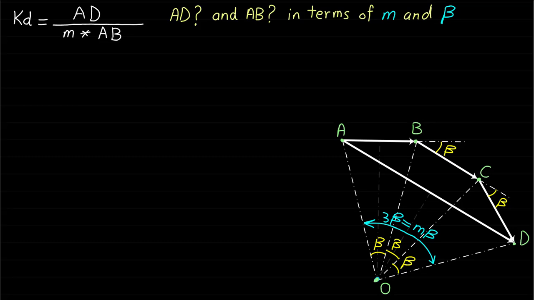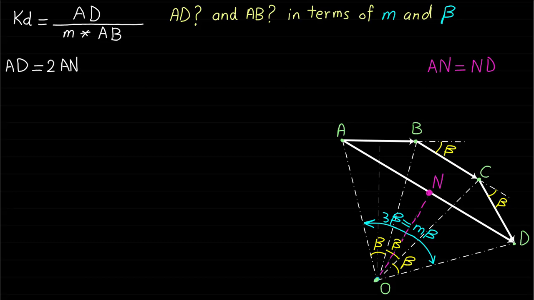Let's start by identifying the phasor AD. The phasor AD can be calculated by focusing on half of the triangle OAD, which is OAN. Note that AN is equal to ND, therefore the phasor AD can be represented by 2 times AN.